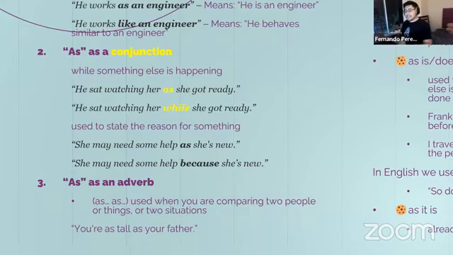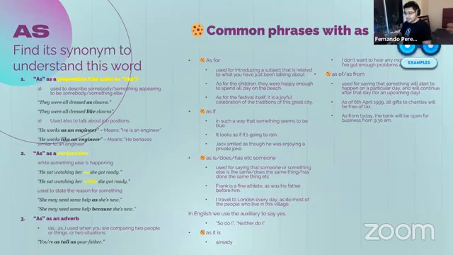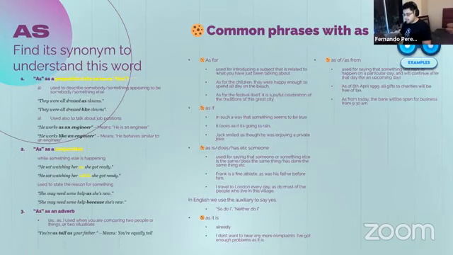And that's the reason this is an adverb, because you are replacing the word equally. Your father and you are equally tall. That's the meaning of this.